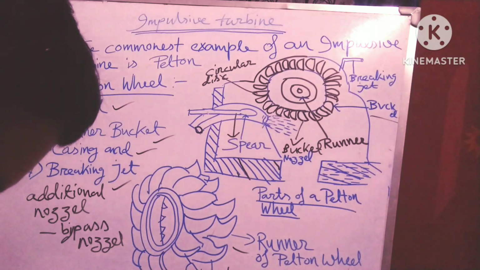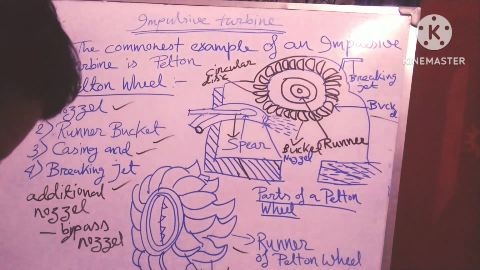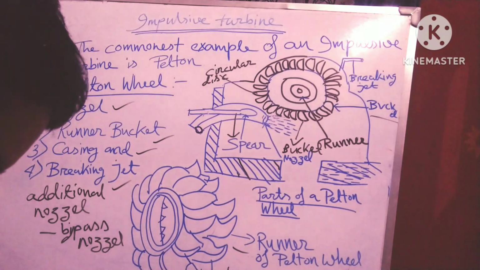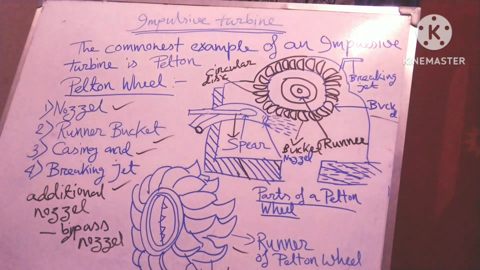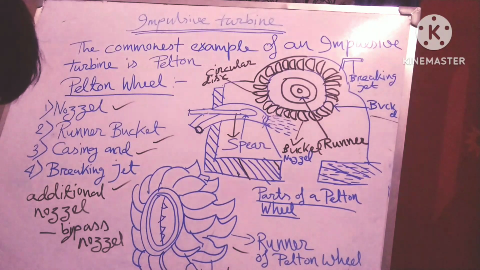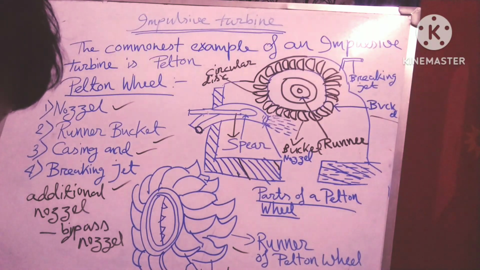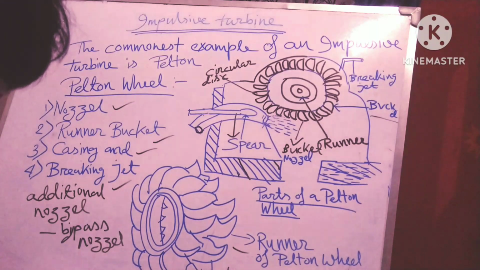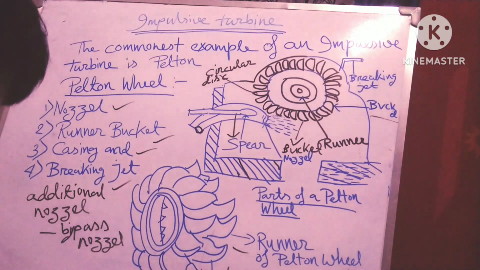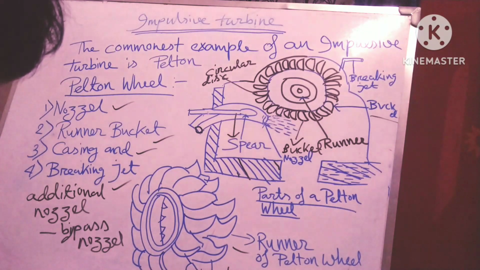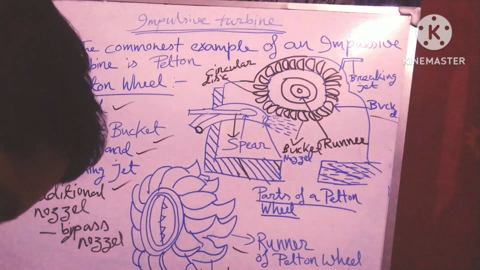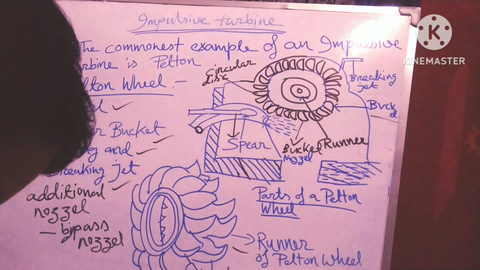The buckets are generally bolted to the runner disc, but sometimes they are cast as a single unit. In theory all the buckets would wear equally, but in actual practice they don't. A few buckets get worn out and damaged early and need replacement. This can be done only if the buckets are bolted to the disc.